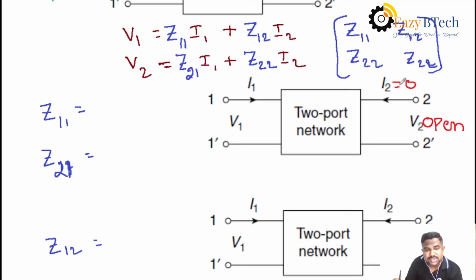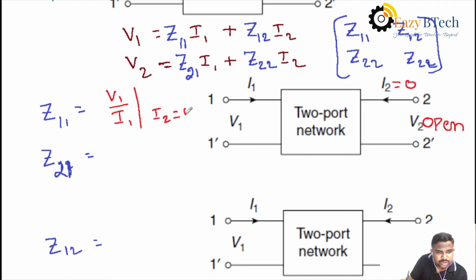But in open circuit parameters, we have voltage. That's why you can calculate the second voltage V2, but the second current I2 will be 0. Then, if I2 equal to 0, how to define Z11? That is V1 by I1 at I2 equal to 0. If I2 equal to 0, what is the other parameter? Z21.